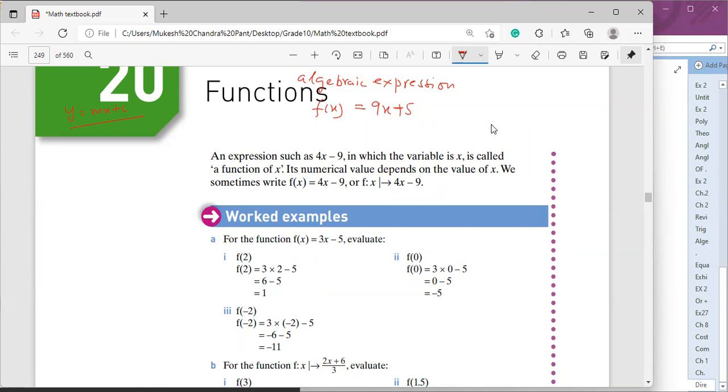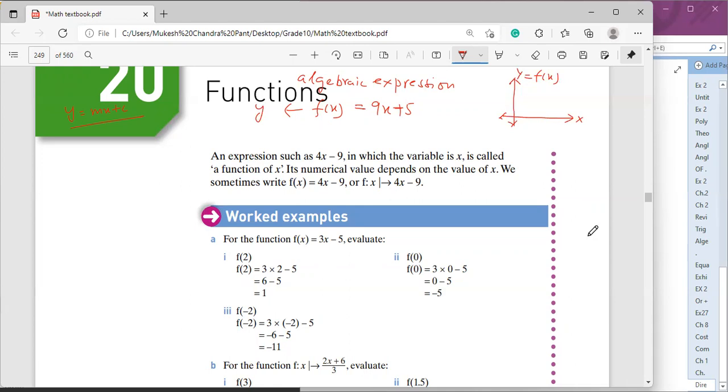In place of f(x) you can also write y, like y equals mx. You already know this is the x-axis, this is the y-axis. Keep the x-axis as it is and write y equals f(x). This becomes a function. The y-axis will show f(x). So this is called a function.